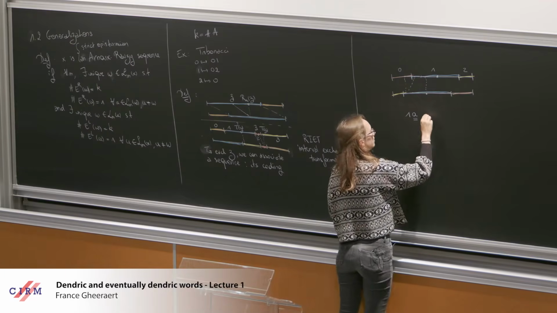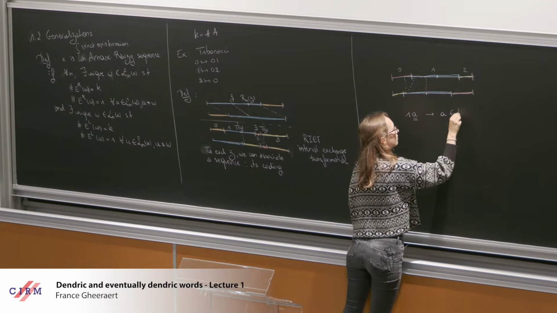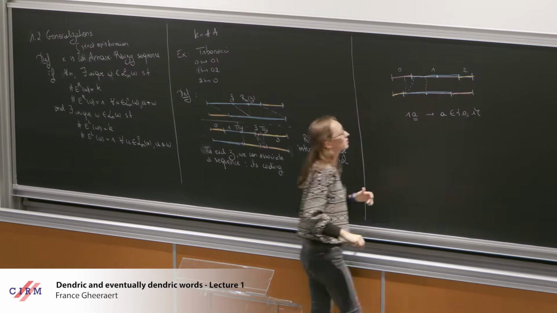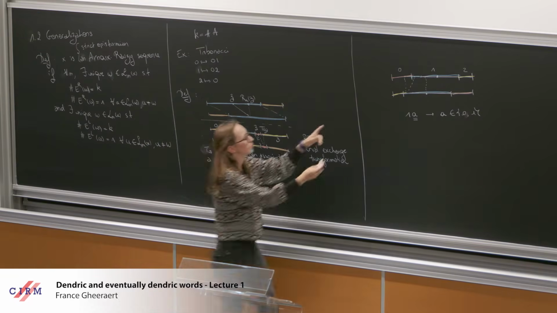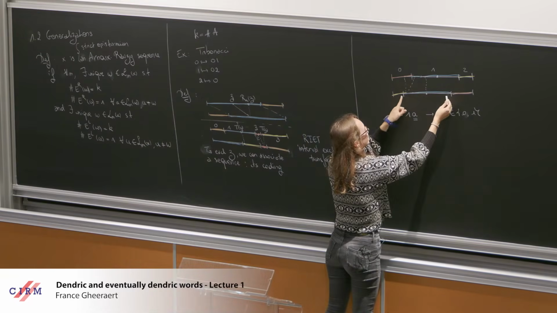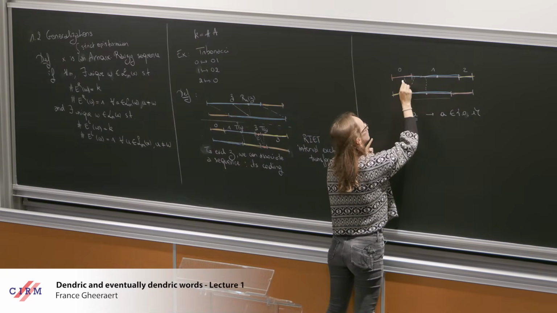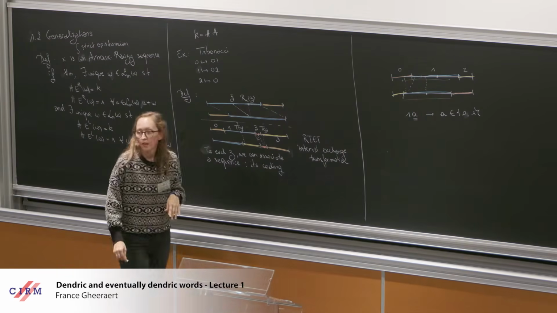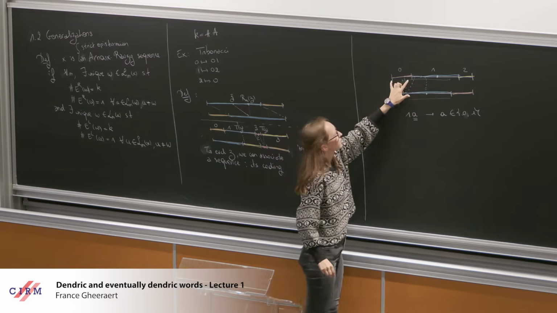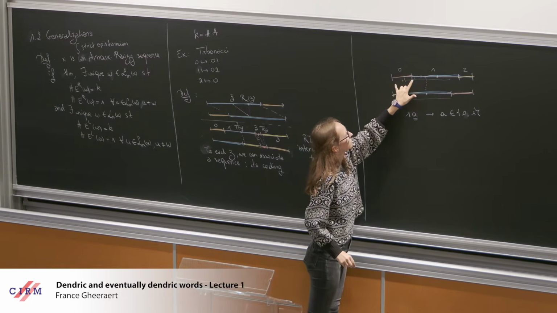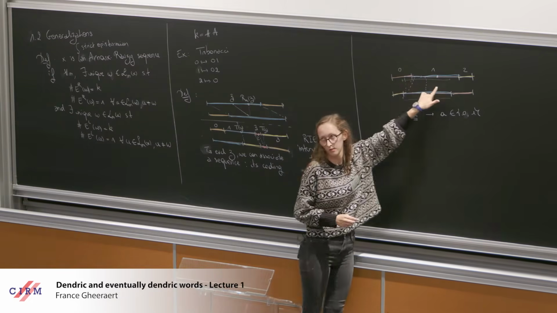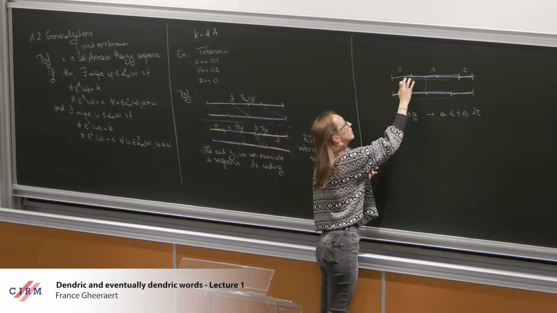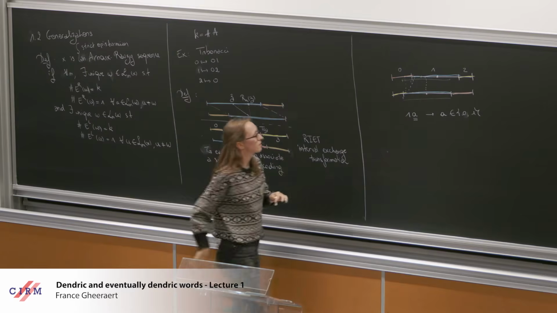So here A is either 0 or 1, and it cannot be 2, because if I'm in the blue part, at the next step I will be in this portion of the interval. And so the only possible letters after are the ones that cross this section, and so these are 0 and 1.